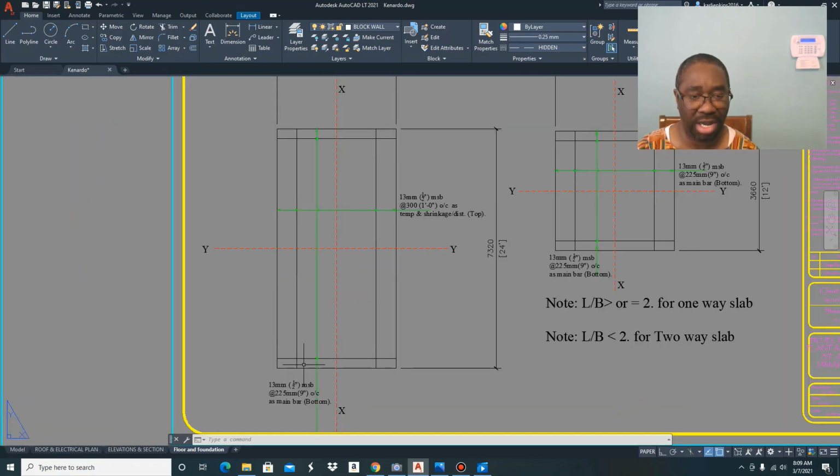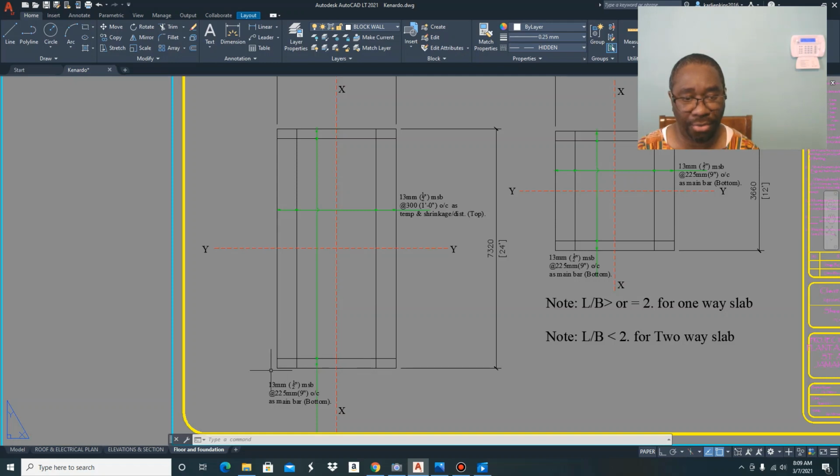And that is why we put this transverse bar all along the X-axis to withstand that deflection. So the XX direction is the axis at which the slab is going to be the weakest.